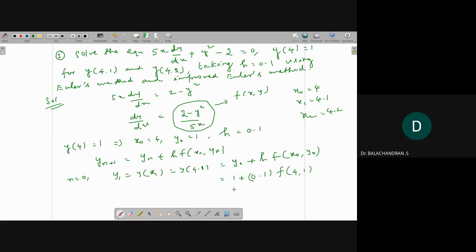So now 1 plus 0.1 into f of x comma y, you know that this is 2 minus 1 square divided by 5 into 4. Using calculator, please tell the final value. 1.005. Yes, correct.